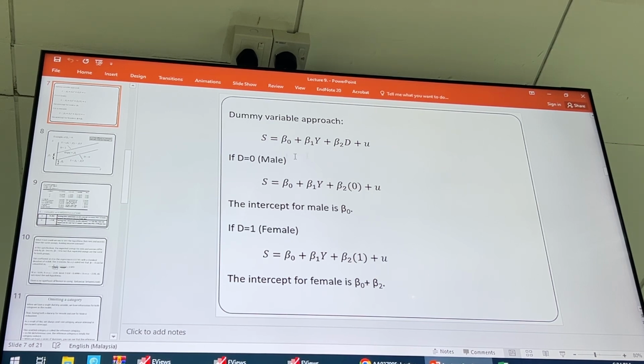So you can have another variable, let's say D. So this one D1 and then D2 if they are working in the government sector, for example. You create a variable just like what we did just now.